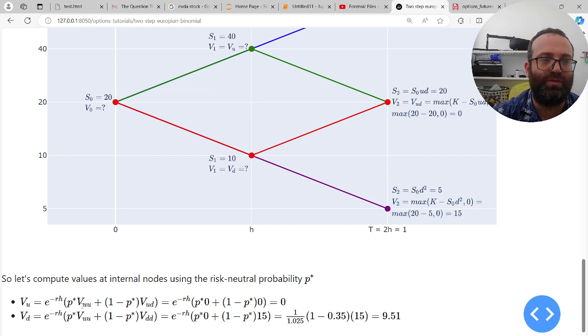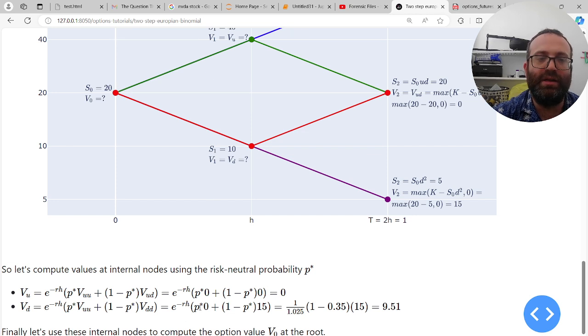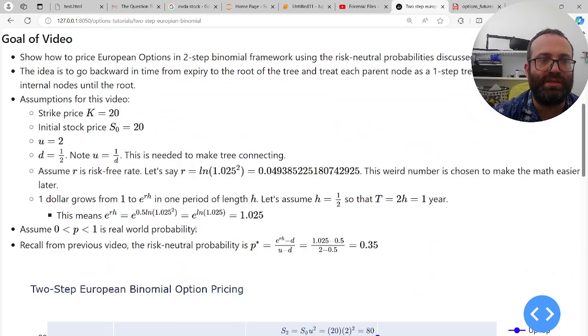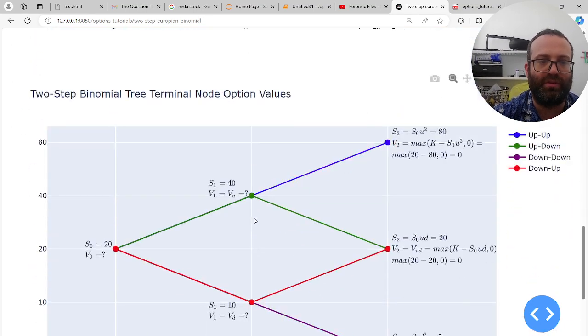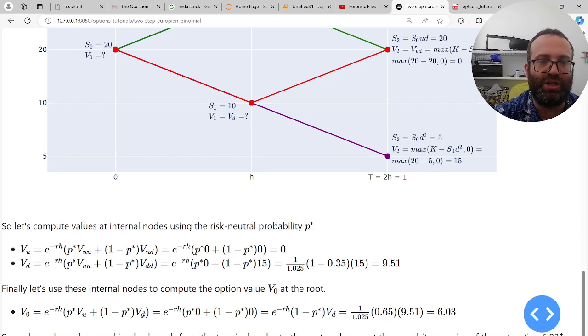The first one, of course, is still 0. Notice I made my life easier with the math. And the second one is 15. So 1 minus P star is 1 minus 0.35, times 15, because if you go down twice, that's the value of the option. Then we multiply it by e to the negative rh, which we showed above was 1 over 1.025. Once you do that, and I showed all my work, and I'll put this on the website, you get 9.51 as the value at this node.